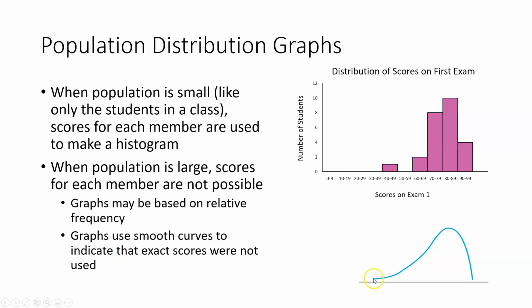So here you can see that the overall trend of the curve reflects the same as the overall trend of the curve above, but this curve is smoothed out to show that we don't know the exact number of individuals who got this high a score and this high score and this high and down here, but it's showing the overall pattern or the overall shape of the data.